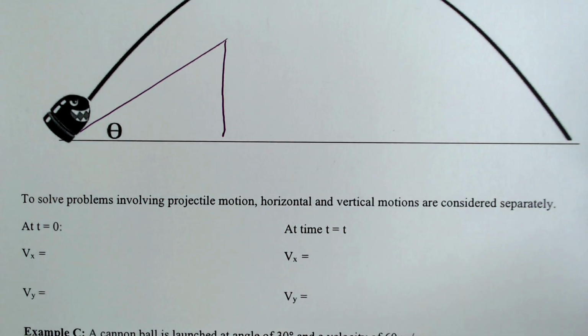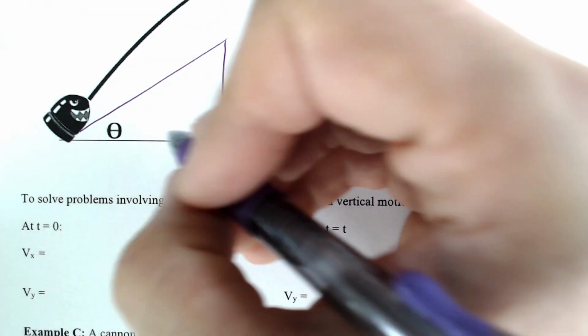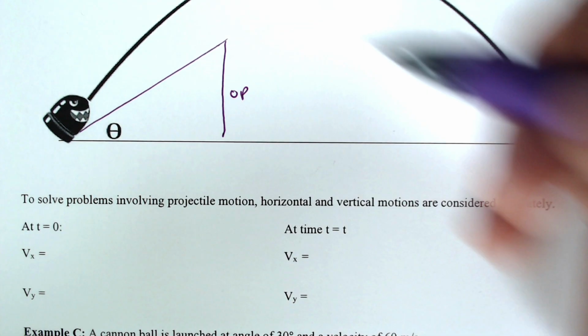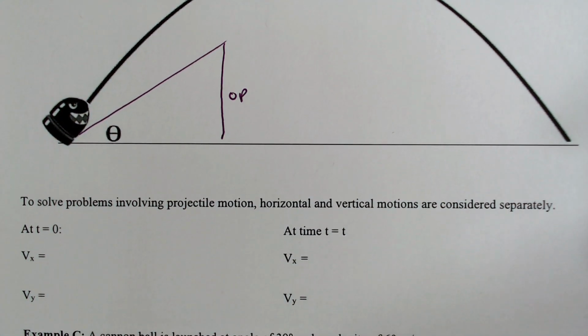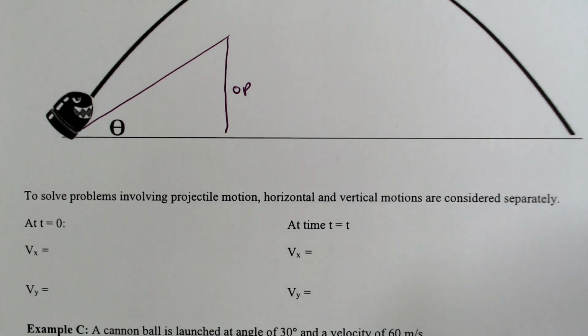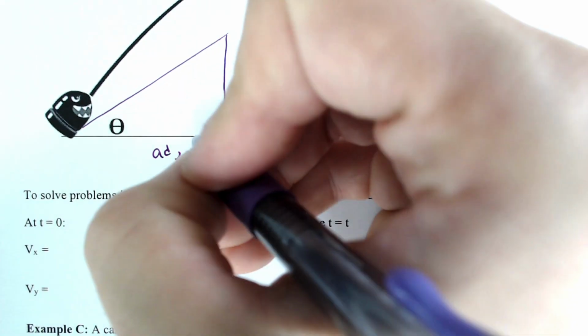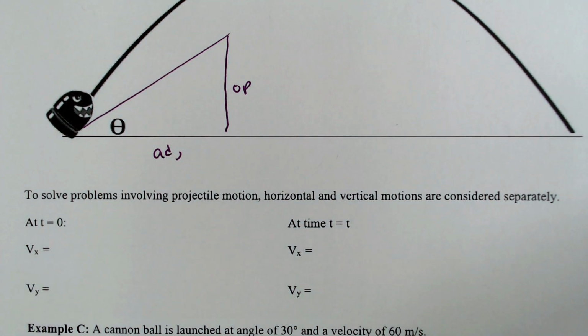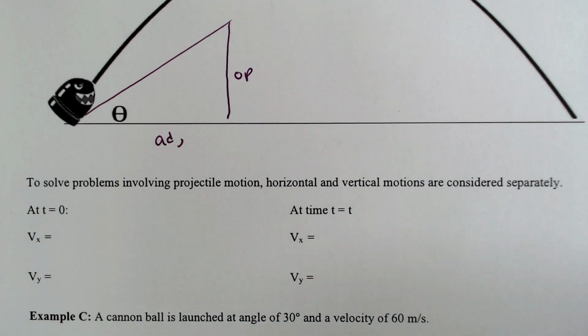in a way where your opposite relates to the y component, and opposite over hypotenuse is sine, and adjacent would relate to the x component, and adjacent over hypotenuse according to trigonometry would be cosine.